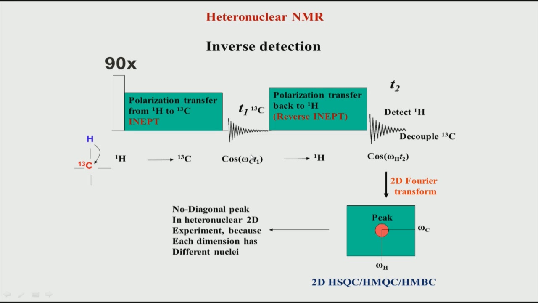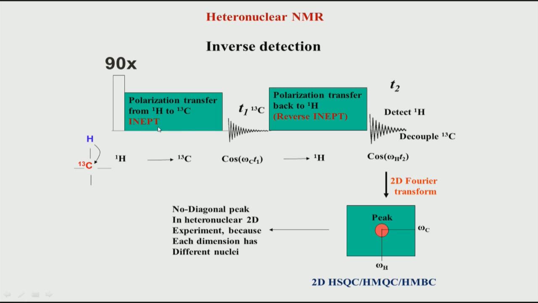So, most of it remains with its own and that ends up as a diagonal peak. This is what we saw in the previous class, but in this type of experiment, what is happening is that we have transferred the magnetization from proton to carbon.